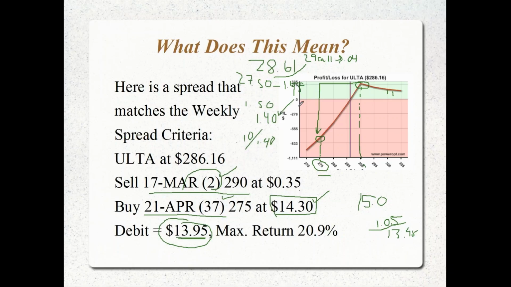Well, I paid $1.40 per contract instead of $14.30. Percentage return-wise, though, you're looking at the same, because although this is a factor of 10 lower, this call is probably a factor of 10 lower as well. And a 10-cent net credit against a $1.40 debit, or the max return would probably be the same. I'll try to find a stock at 28.61 for us when we go to the end there, Anne. But that's what you'd expect to see. Percentage-wise, we'd be close to the same.